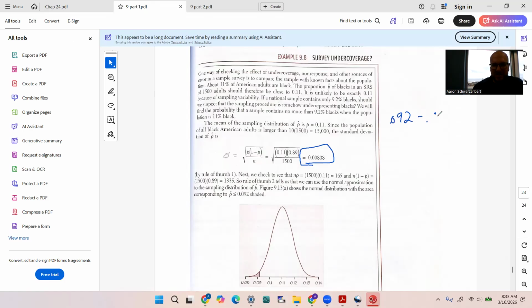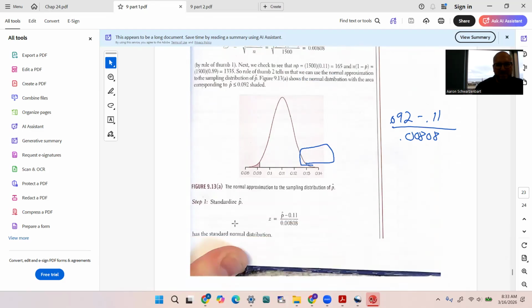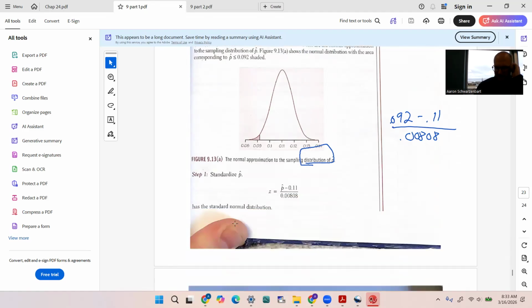So I do my normal distribution. And when we calculate that, what do we get? Negative.